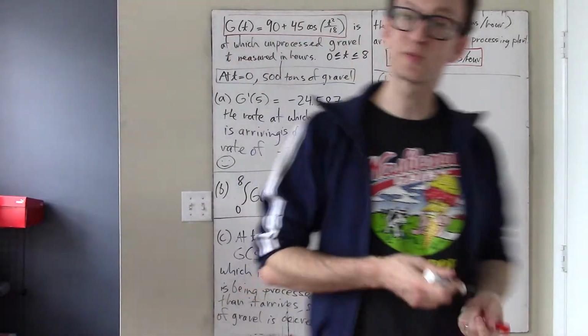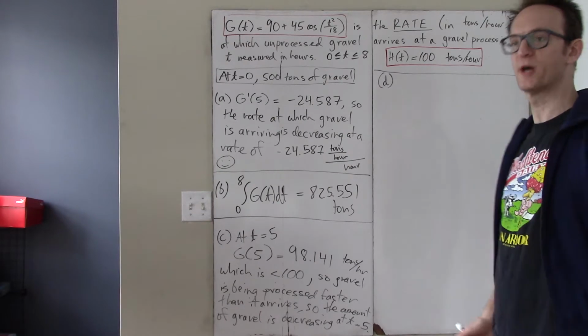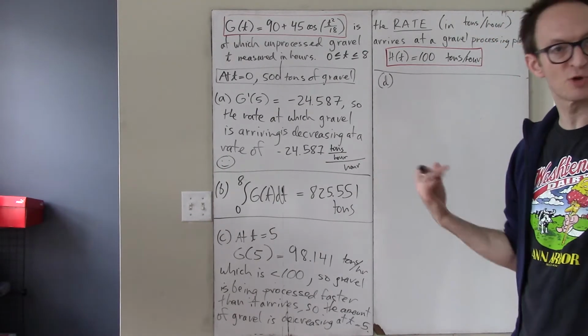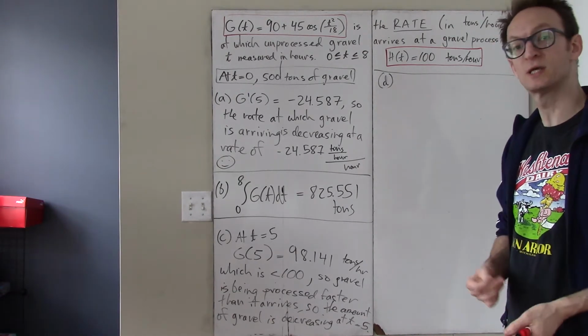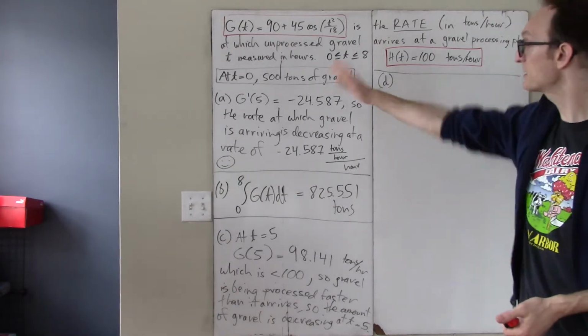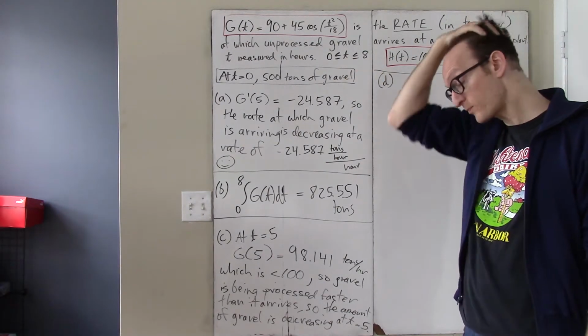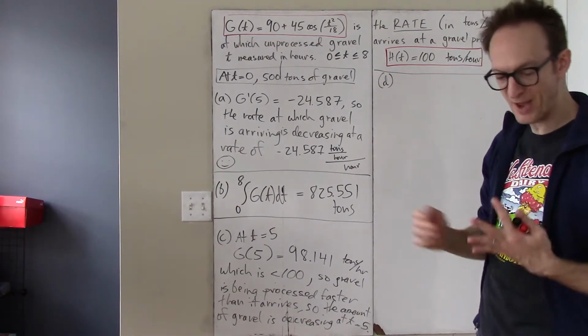So for this reason, I think what makes this problem hard is that you have to be bold enough and have enough confidence in yourself to introduce new variables and new notation. I think you almost have to do that. What they're asking for is when, during the time interval [0,8], the amount of gravel is at a maximum. Well, we don't even have a function which represents the amount of gravel.